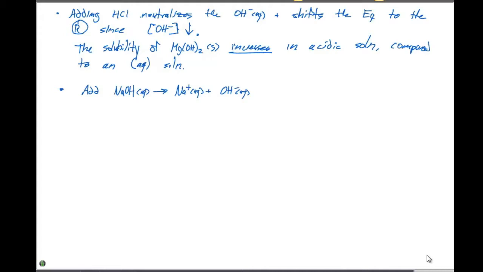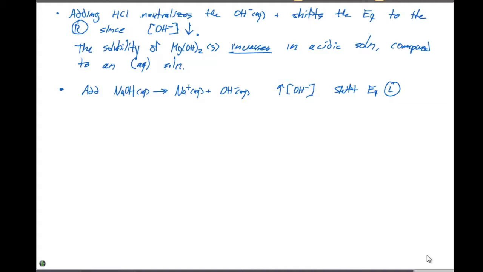So we are increasing the concentration of the OH-. If we're increasing the concentration of one of the ions we have in solution, this will shift the equilibrium over to the left, or to the reactants, which is the solid in this case.